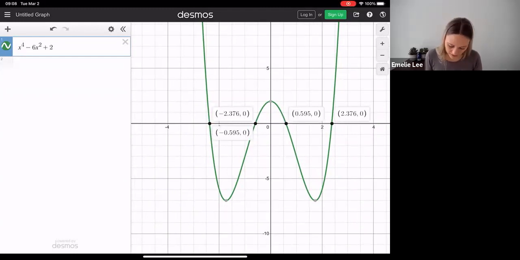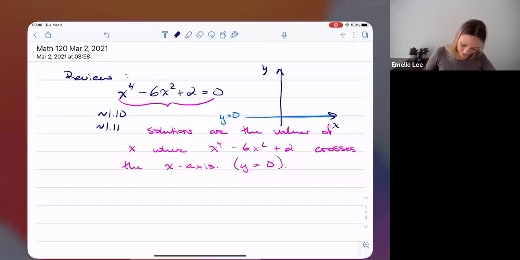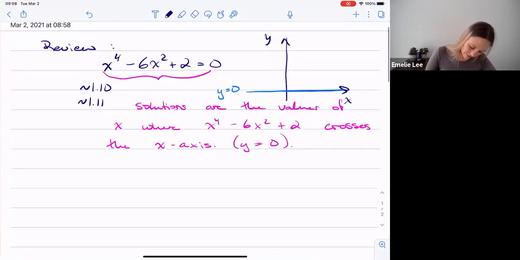So when x is negative 2.376, negative 0.595, positive 0.595, and positive 2.376. So I would just graph it in Desmos and grab those values from there.